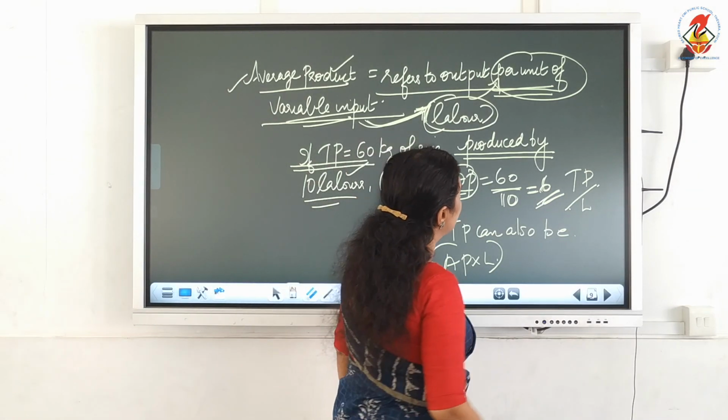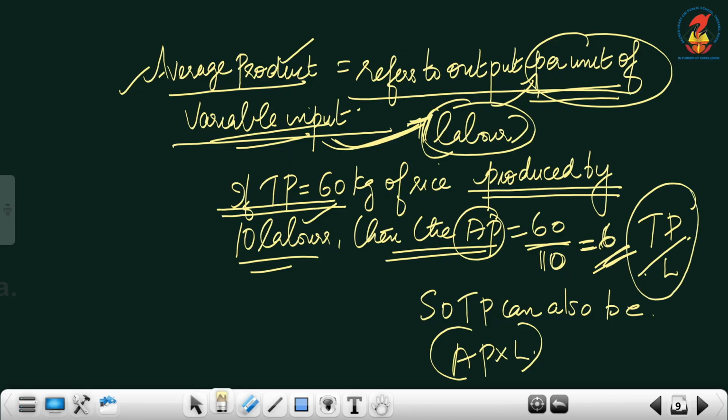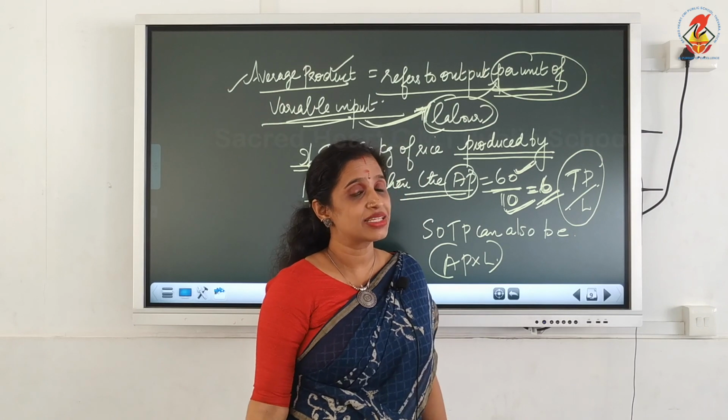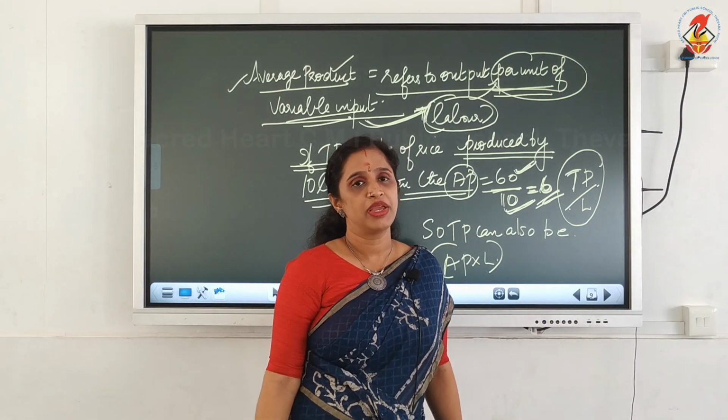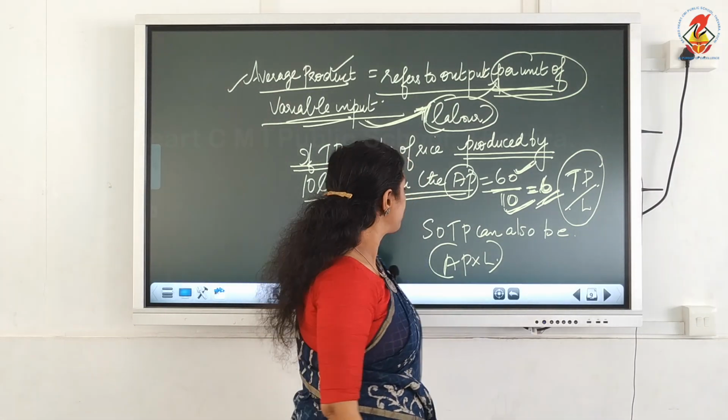We can find it by using the formula TP by L. What is TP? 60. What is L? The number of laborers, 10. So 60 by 10 will give you 6. So AP is equal to TP by L. An average of 6 kg of rice can be made by the laborers.